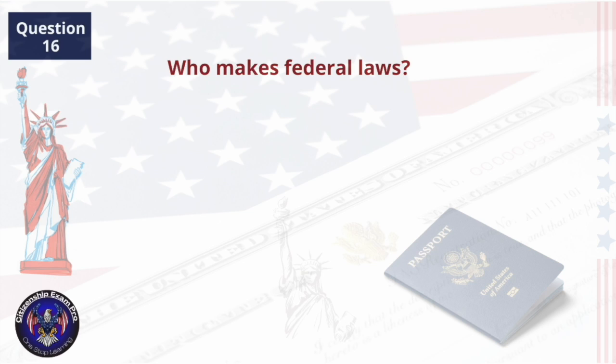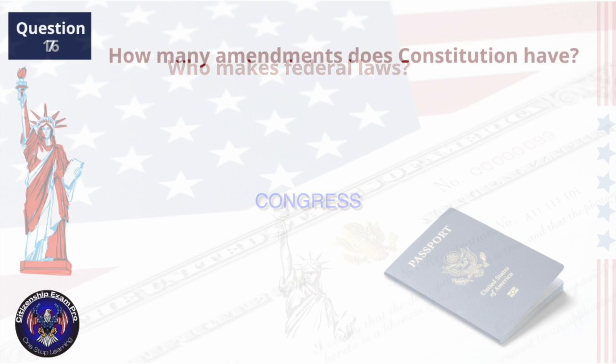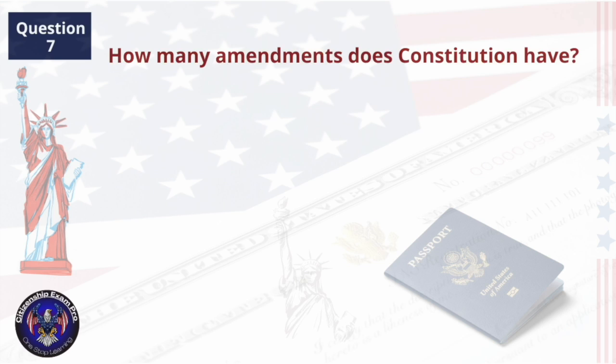Who makes federal laws? Congress. How many amendments does the Constitution have? 27.